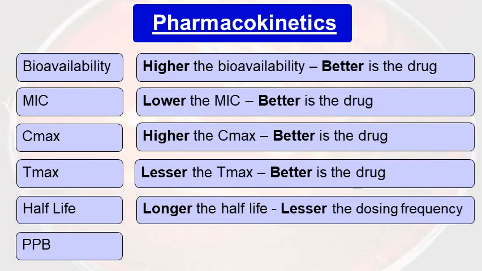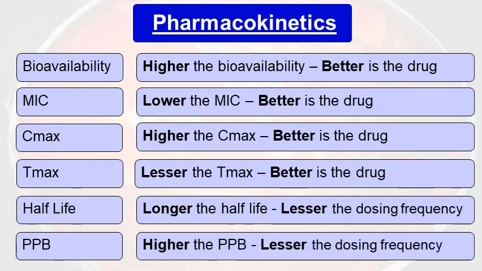And another criteria is PPB, that is plasma protein binding. So higher the PPB, lesser the dosing frequency. So out of these, half-life and PPB are the two criteria which will decide the dosing frequency of the drug. So the drug can be given OD, BD or TID depending on the half-life and PPB.